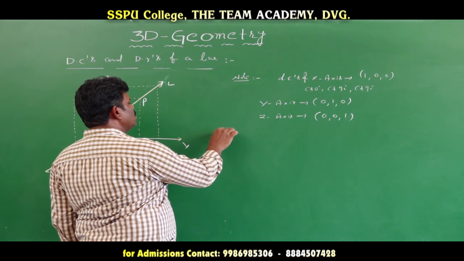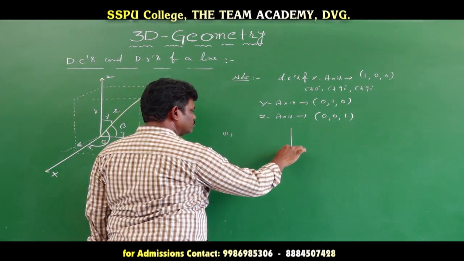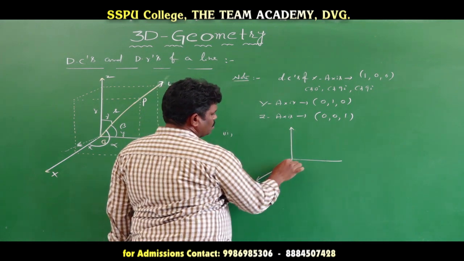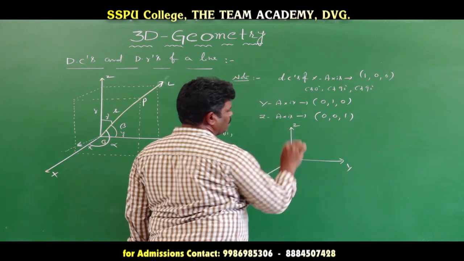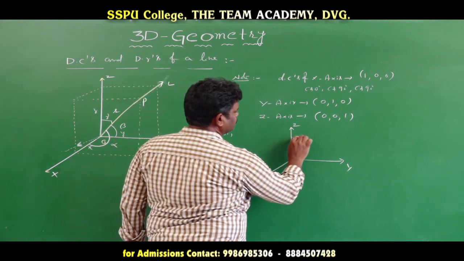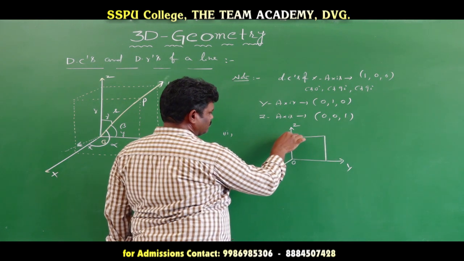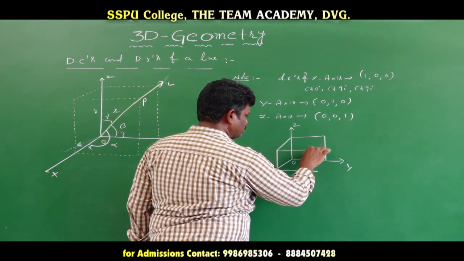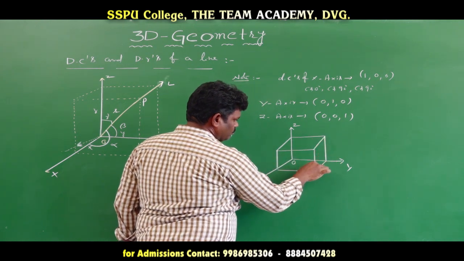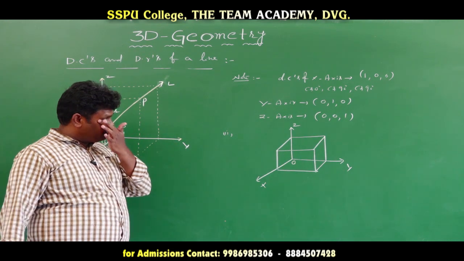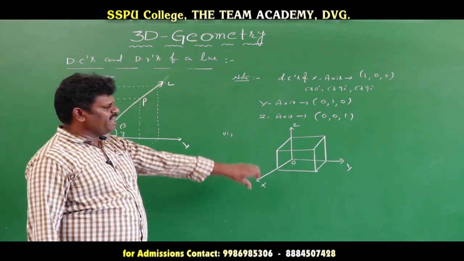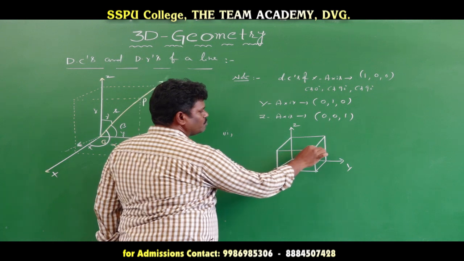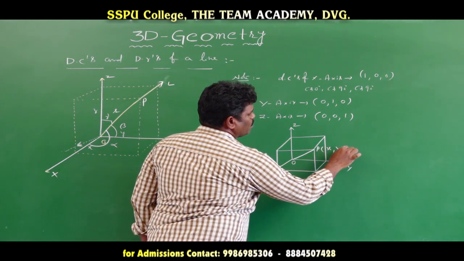And another point. Now if we take the rectangular coordinate system and one cuboid, here we have OP, with coordinates x, y, z.